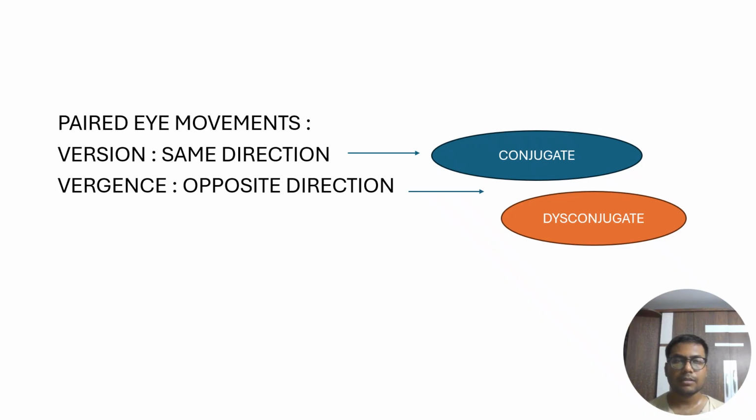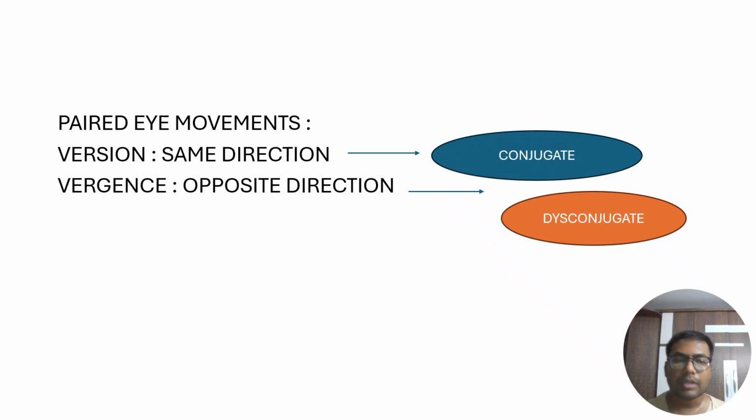If it is the left eye, it will be adducted, and if it is the right eye, that is also adducted. So both the eyes are adducted. It is basically like a head-on collision of both the pupils, so they are going in opposite directions.